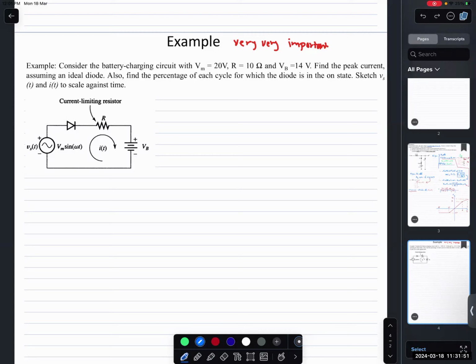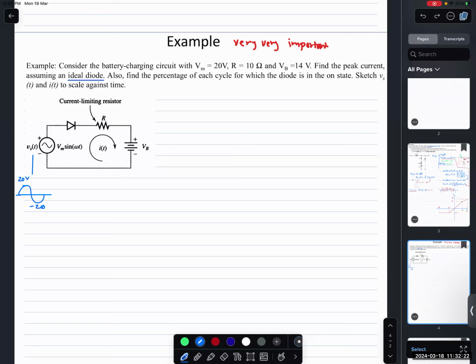Over here, one thing that you need to understand: the ultimate ideal diode. VS(t) is sinusoidal, it could change from 0 to 20 and then to minus 20. One thing that you should understand here is that the diode will turn on if the voltage here is bigger than VB.